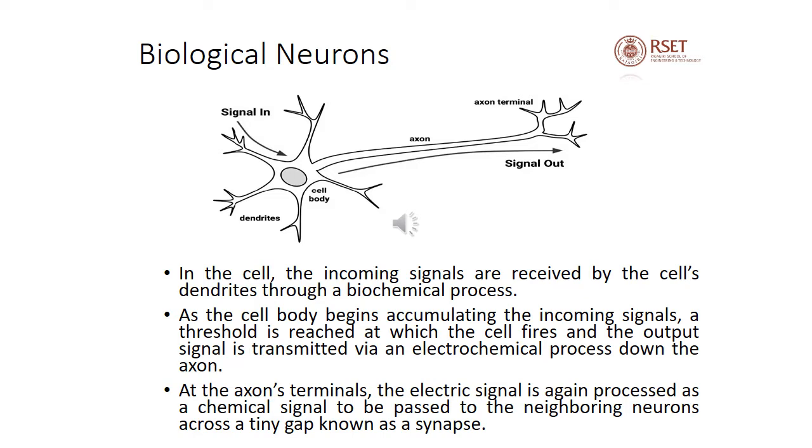As the cell body begins accumulating the incoming signals, a threshold is reached at which the cell fires, and the output signal is transmitted via an electrochemical process down the axon. At the axon terminals, the electric signal is again processed as a chemical signal to be passed to the neighboring neurons across a tiny gap known as a synapse.